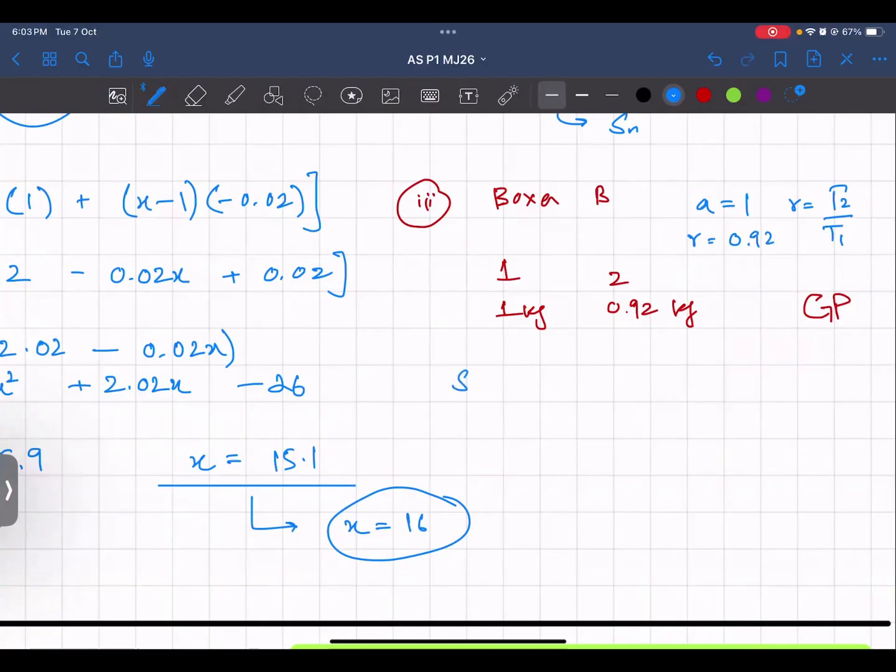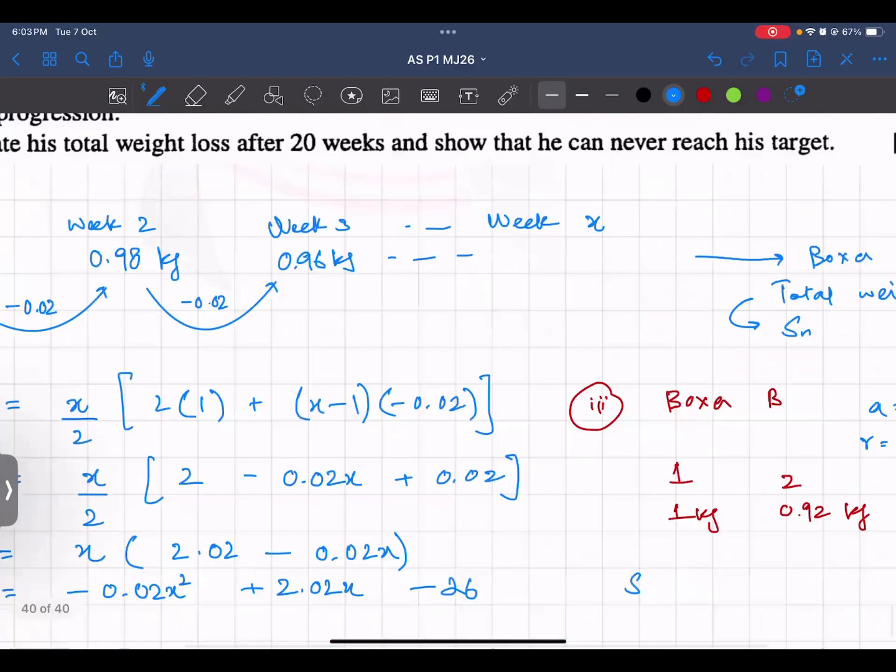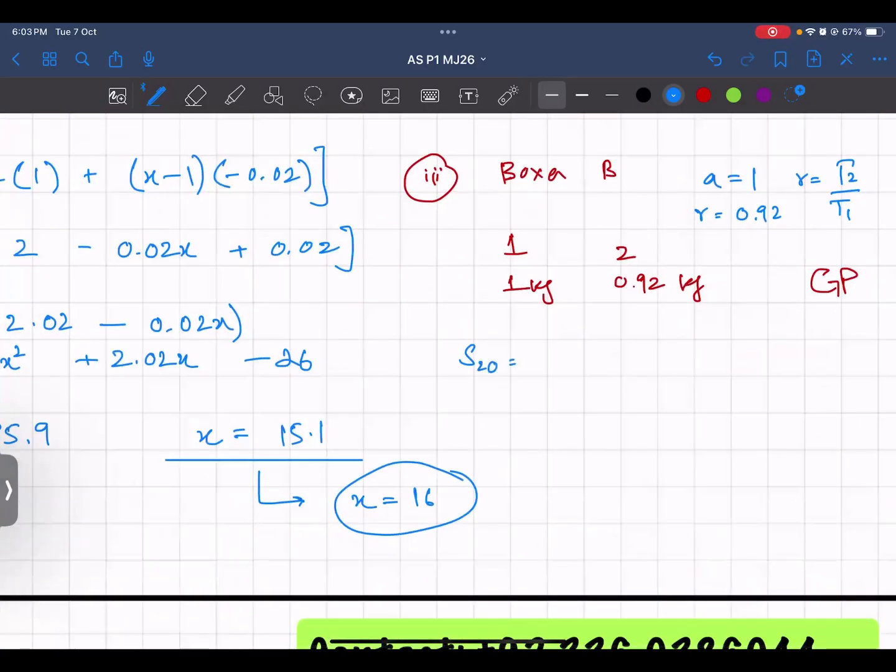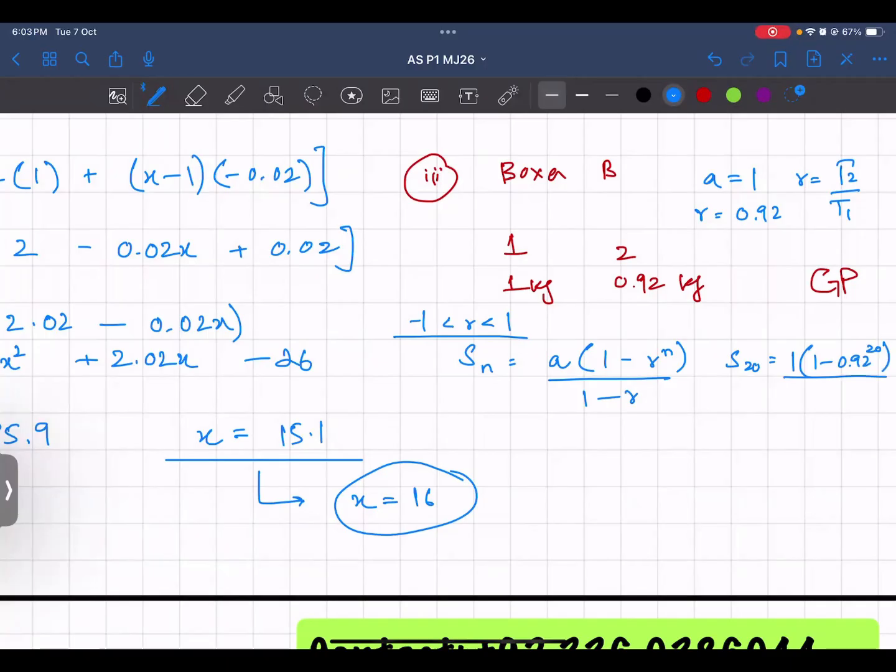So the sum after 20 weeks. You will use the sum formula for the GP. When your R is between -1 and 1, this is the sum formula that you use. A times 1 minus R to the power n upon 1 minus R. So this would become 1 minus 0.92 to the power 20 upon 1 minus 0.92.